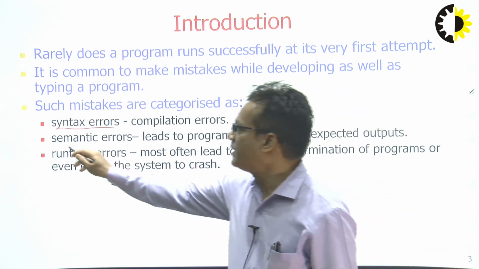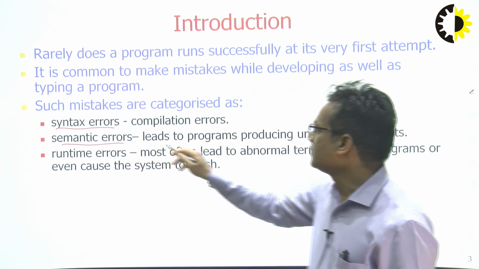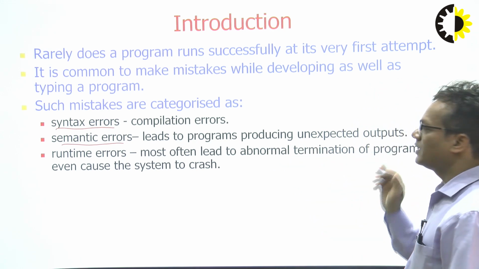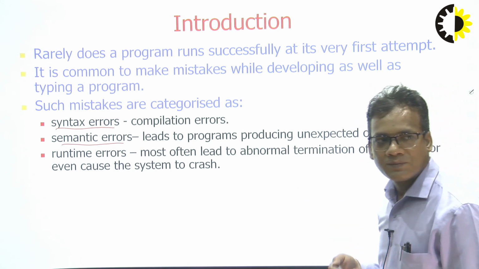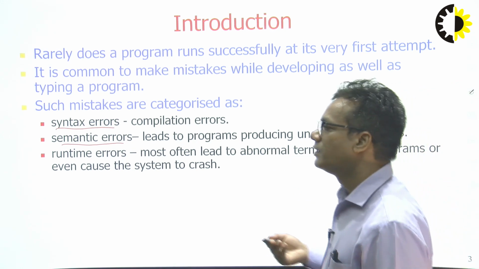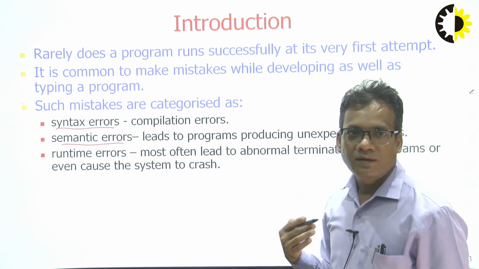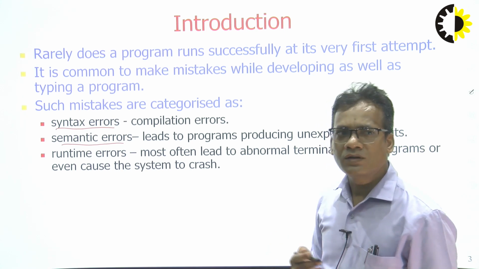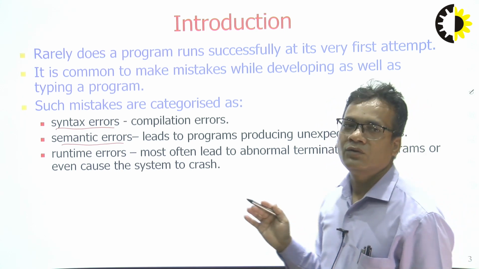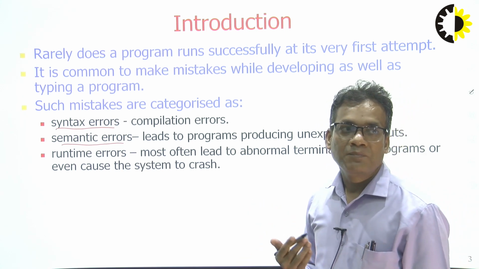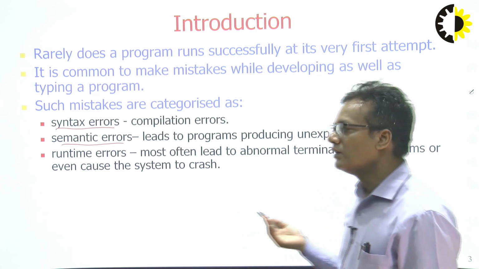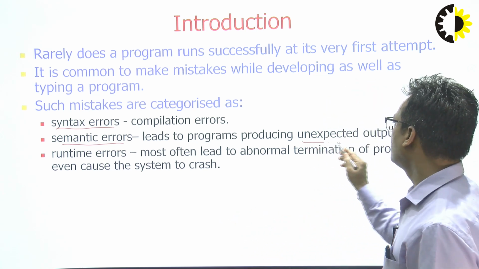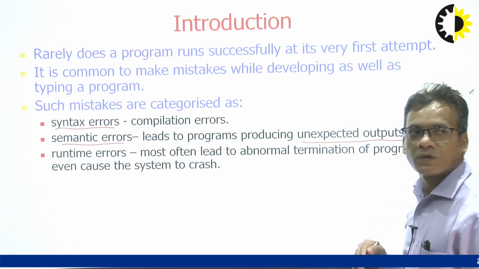Second is semantic errors. They lead the program to produce unexpected output. For example, if we want to add something and by mistake we put minus, it will not give any error during compilation or runtime, but the output will be something different, that is, unexpected output.